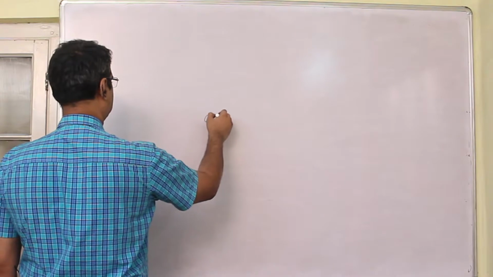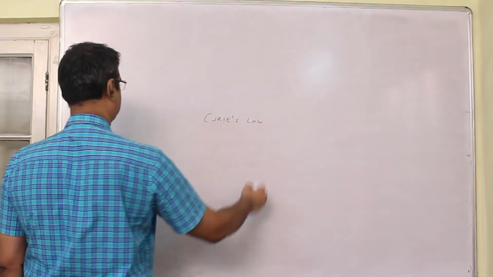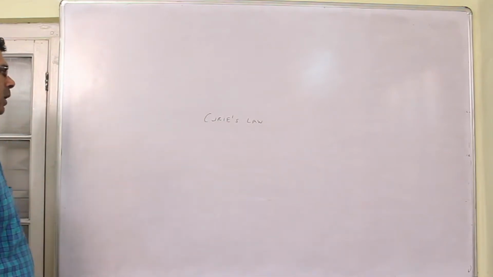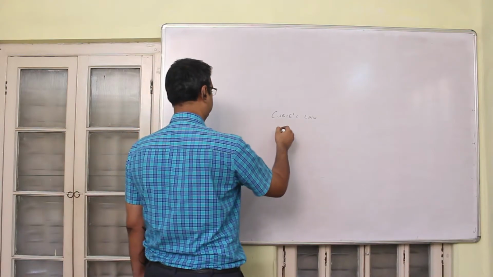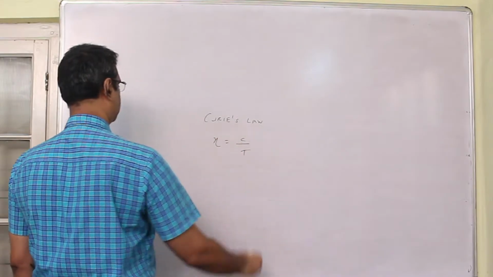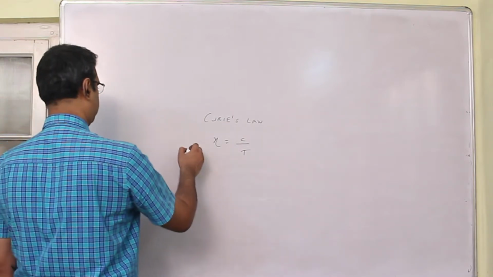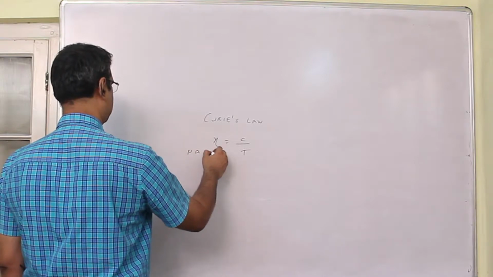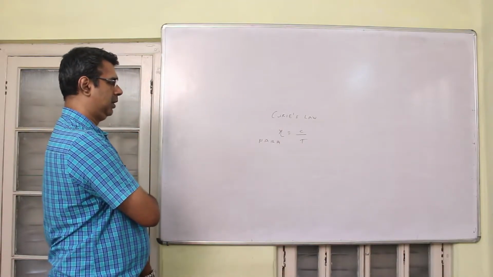Now we come to a very important part of paramagnetism, Curie's law. Curie's law investigates the temperature dependence of paramagnetism. It says that the susceptibility of a paramagnetic substance is inversely proportional to the Kelvin temperature.